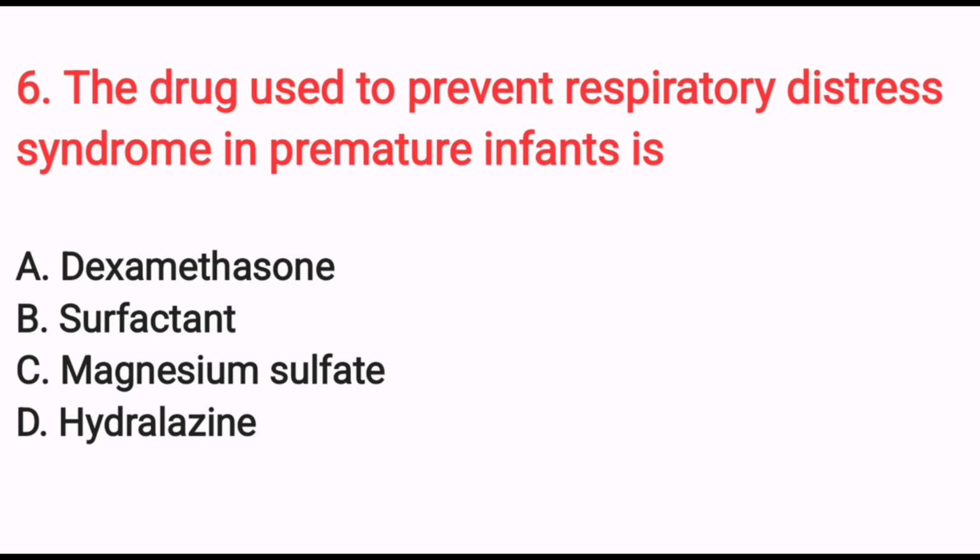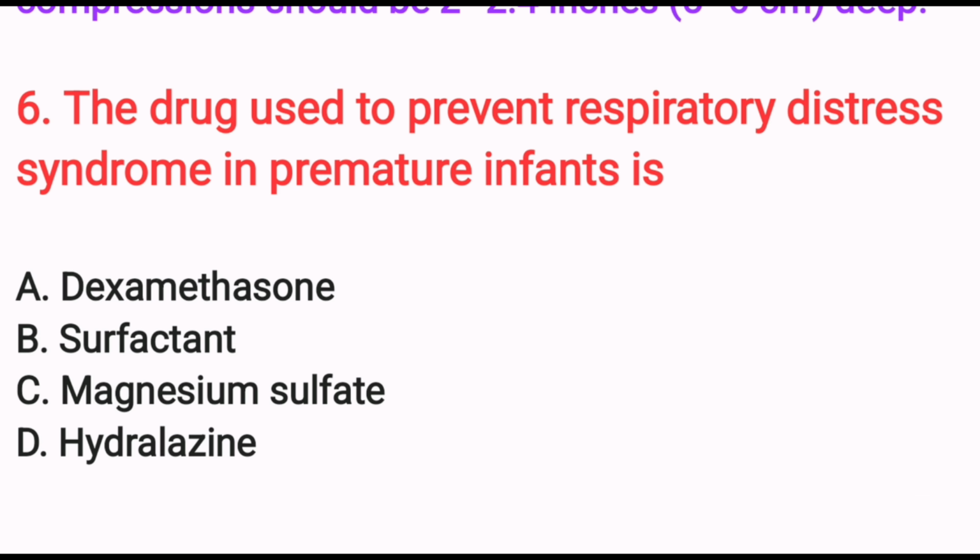Next, the drug used to prevent respiratory distress syndrome in premature infants is option A dexamethasone, option B surfactant, option C magnesium sulfate, option D hydroxyzine.